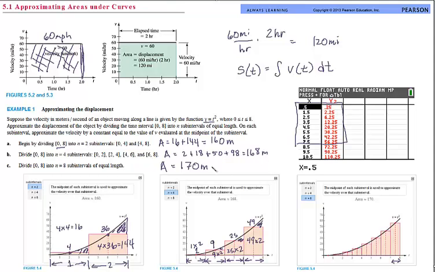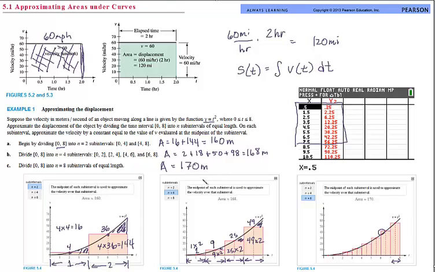Notice how it keeps getting closer and closer to this 170. Now if I divide it up into tinier subintervals, I would get something even closer to the actual value. Notice that it doesn't go over very much anymore. In the textbook they carry it out to 64 subintervals.